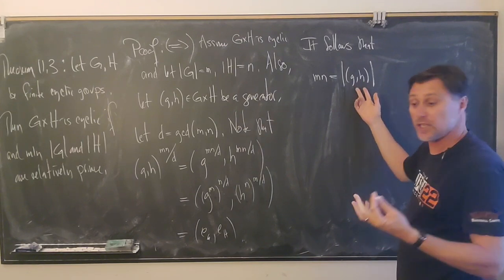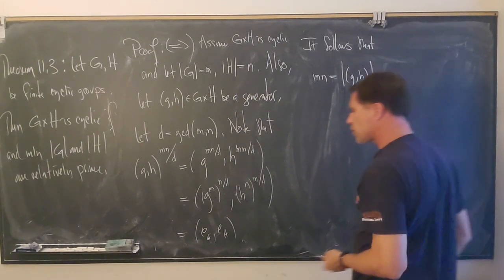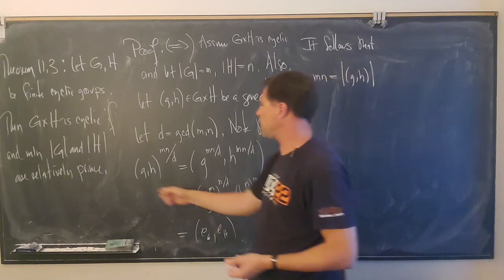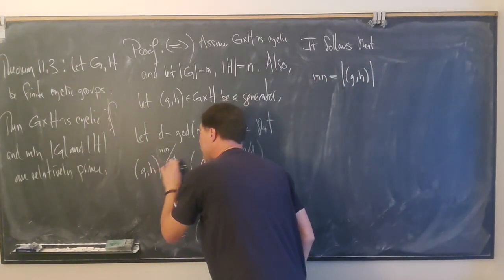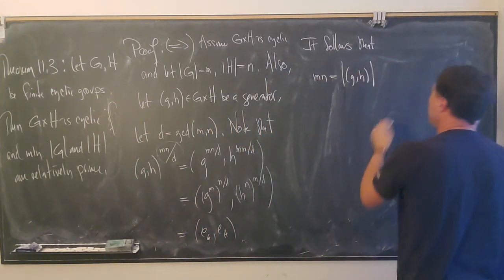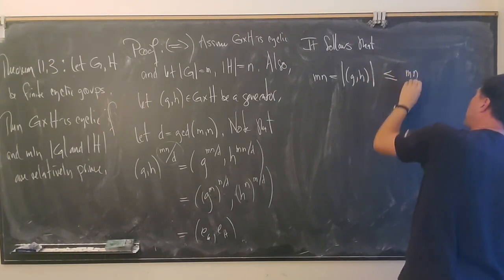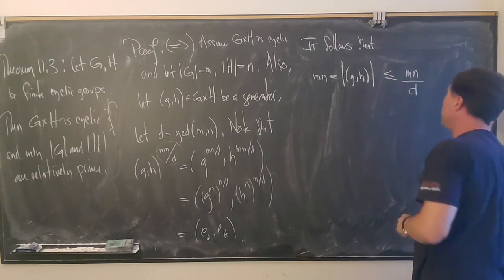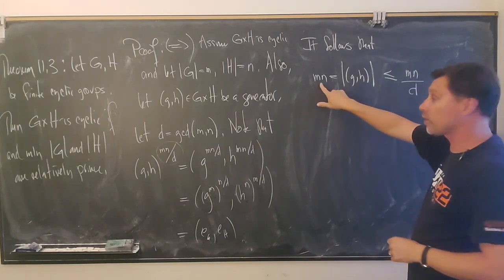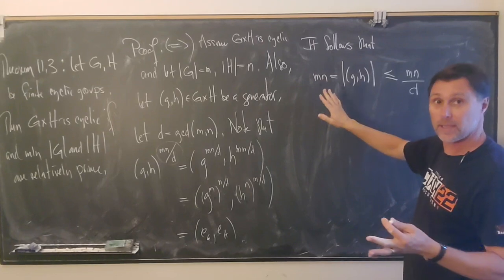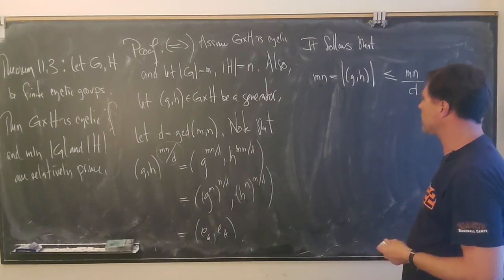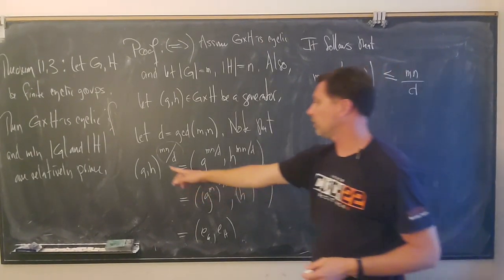Because (g, h) is a generator. And then what did we just show? We showed that (g, h) raised to this exponent right here has to be the identity. And so we know then that MN over D, this number right here, has to be greater than or equal to the order, because the order is the least exponent that gives us the identity when we put it up here.